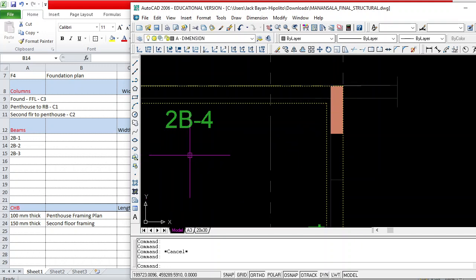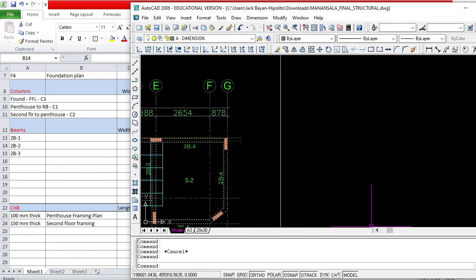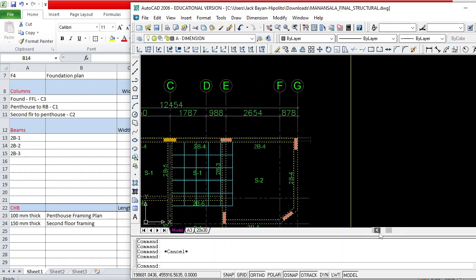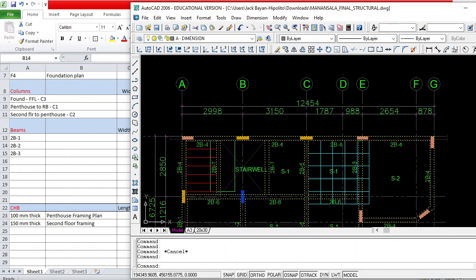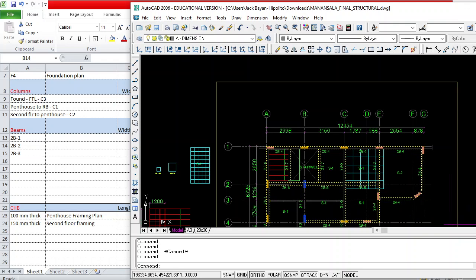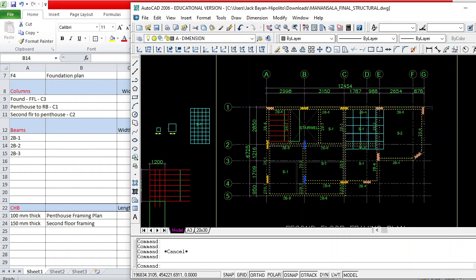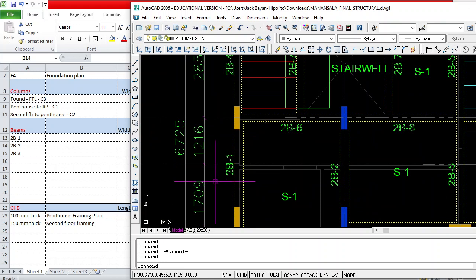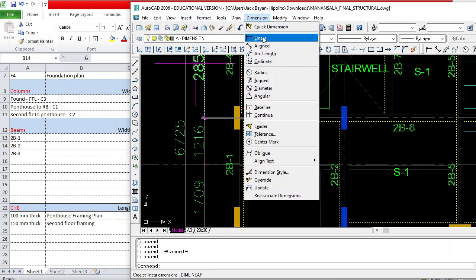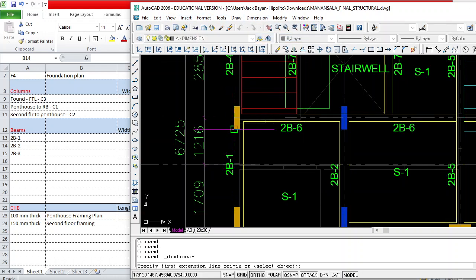Okay, so, last instruction. When you consider your second floor framing, you have there your beams, like this one, 2B1. You have to determine its length. All you have to do is measure the length.